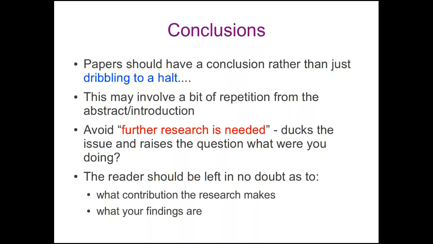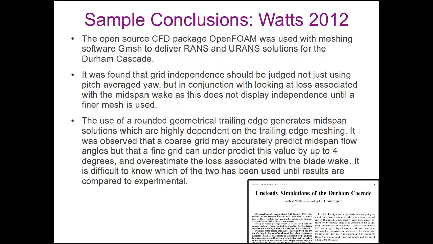And just to give you an example of that, here are some sample conclusions from a report written by Robert Watts in 2012. I think this was a highly successful project report, and you'll see the conclusions are really quite specific. The first one is that they've used a CFD package here with meshing software to deliver a couple of types of fluid flow solutions for a particular geometry.